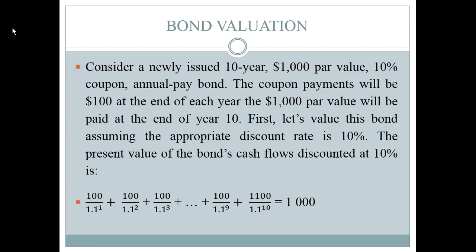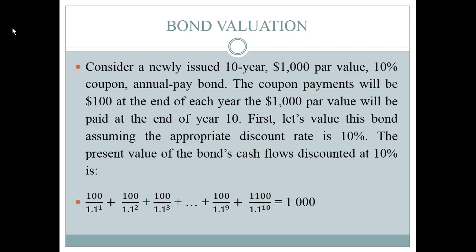The coupon payment will be $100 at the end of each year, and then the $1,000 par value will be paid at the end of year 10. So first we're going to value this bond, assuming that the discount rate is 10%. So we will discount the $100 coupon that will be received in year 1.